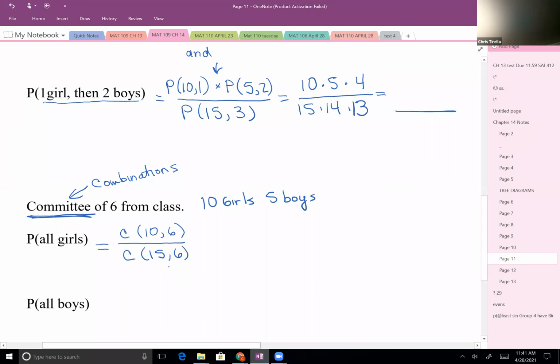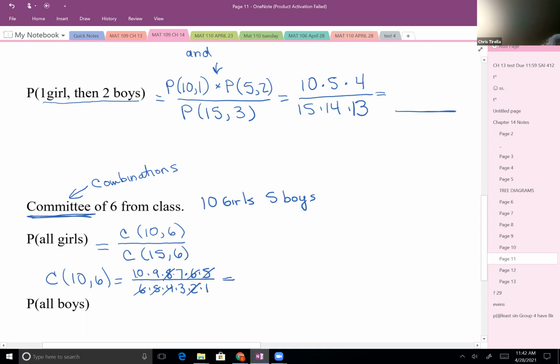So a little bit of scrap work, combination 10, 6. In the denominator, I'd have 6 factorial. In the numerator, I'd have 10, 9, 8, 7, 6, 5, 6 factors, starting with 10. The 6 and the 5 cancel out. I think I can also take the 4 and the 2 and divide that with the 8.